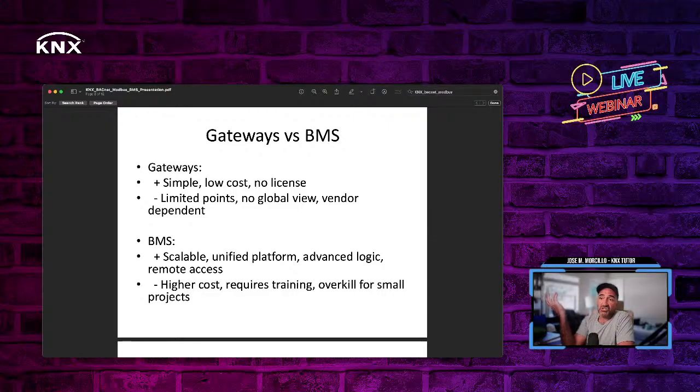That's the disadvantage. No global view, vendor dependent, because of course there is a brand behind selling this device. Again, this is not a problem. I'm not saying this is a problem. This is just how the market is working, okay? Which is great. Or we can go for a BMS solution, and which is scalable. It's a unified platform. We have everything all together there. And we can also apply advanced logic and remote access, okay?